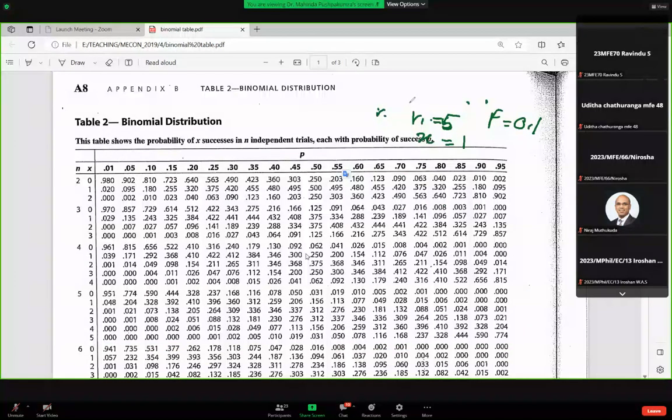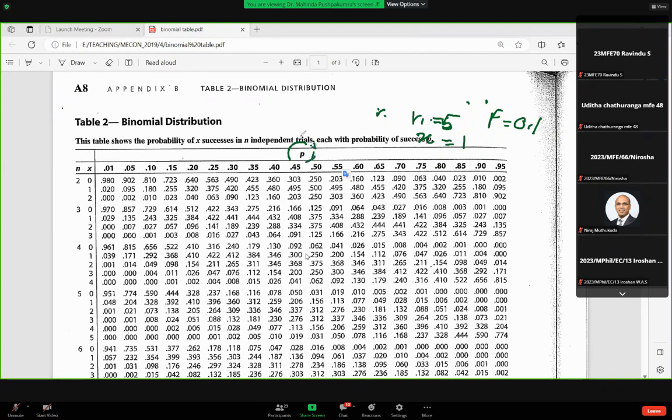Okay, this table shows the probability of X successes in n independent trials, each with probability of success P. Here P is the probability of success.